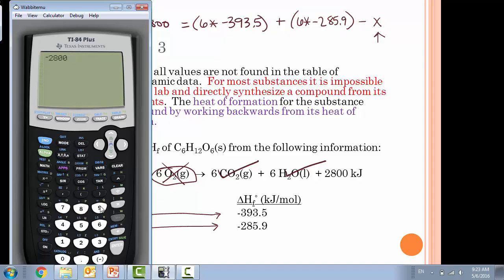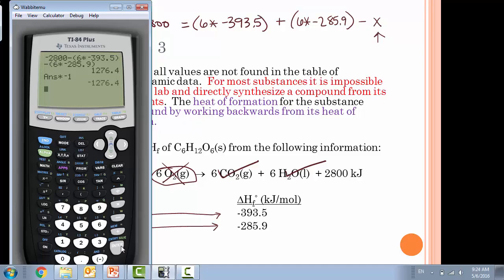So we're going to subtract 6 times carbon dioxide's value, negative 393.5, and then we're going to subtract 6 times water's value, negative 285.9, and that would move these over, but that is negative X. So our final step is to obviously change the sign, so times negative 1.